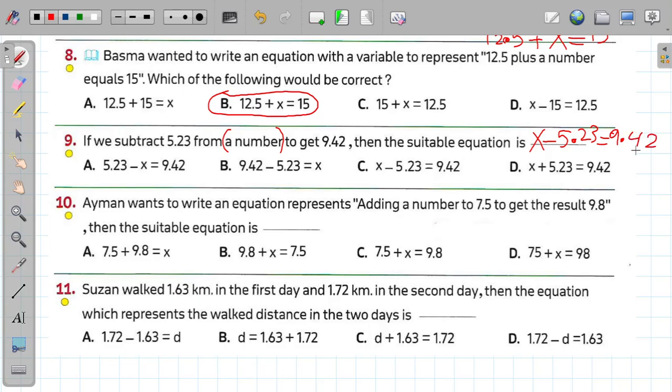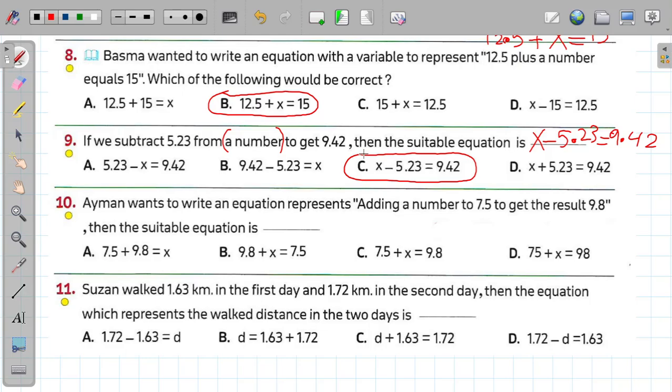So my equation is x minus 5.23 equals 9.42. So I will search for this choice. It's number C. So my choice is number C.